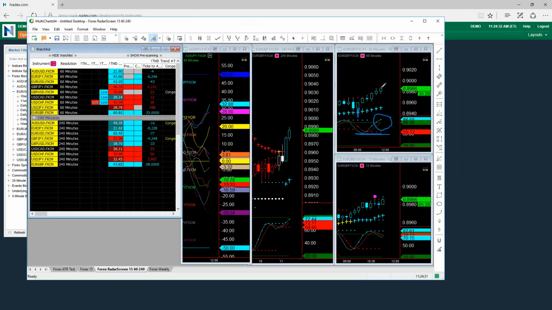But would I want to risk $20 right now on a market that is overbought? It's low risk, but would I want to pay that knowing that this market is overextended?